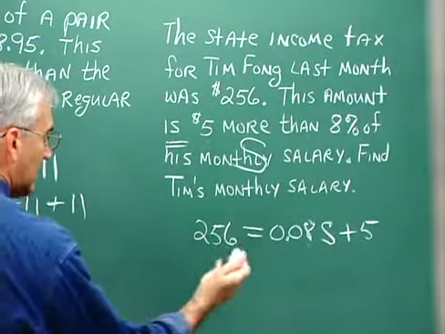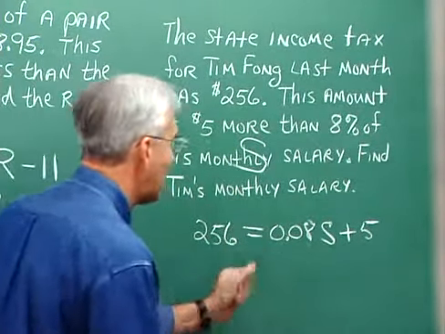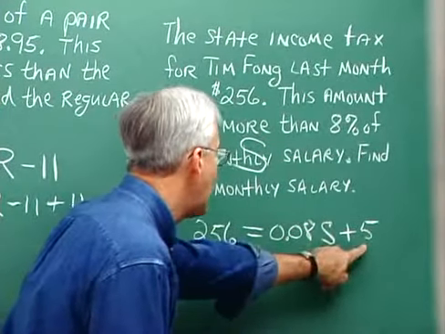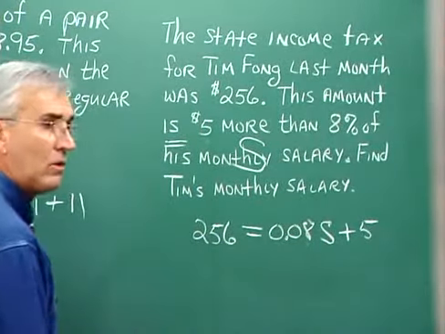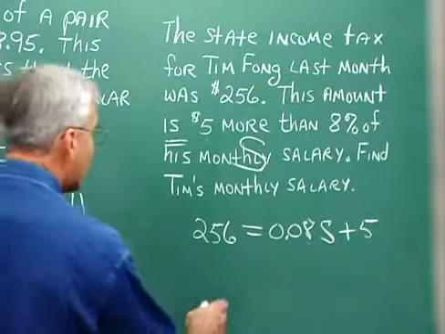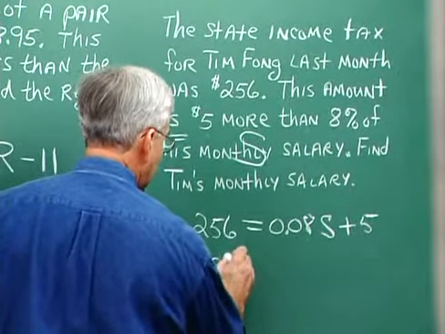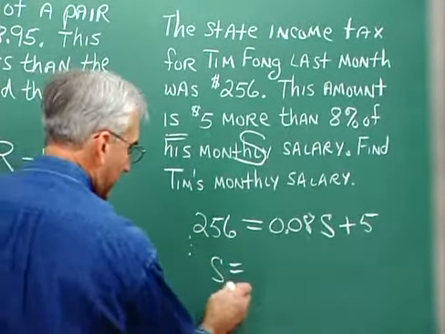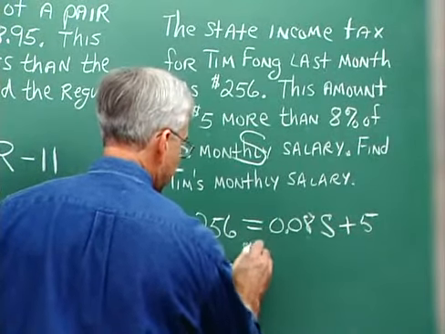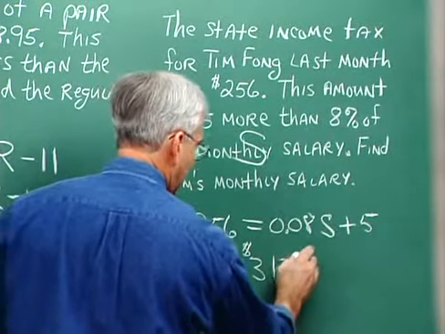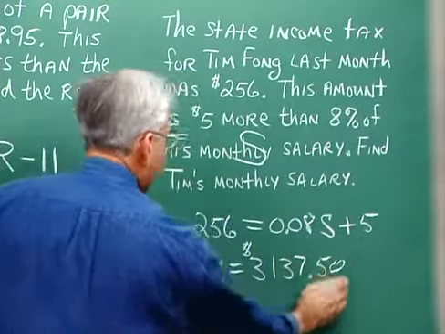And we would go through and solve this. We would have to subtract 5 on both sides, and then divide on both sides by 0.08. In a few steps here, we would find that the salary is $3,137.50.